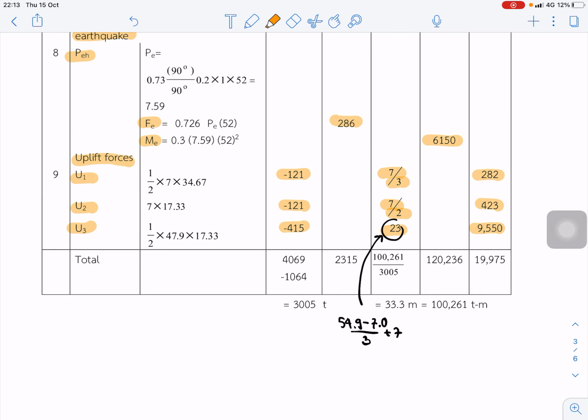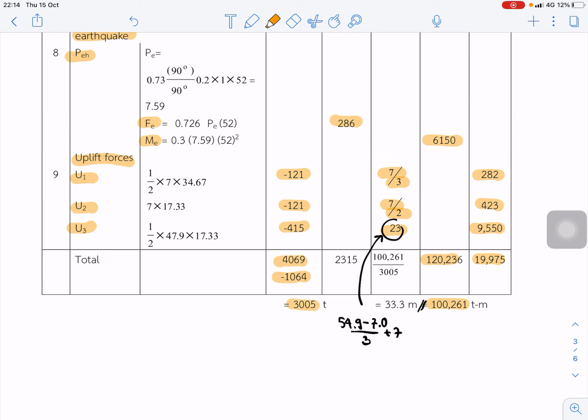The next is the summation of the negative moment and positive moment, and for the balance of the two moments we got this number, and I think this would not be equal. And for the vertical force, the positive vertical force is about 4,000 and the negative vertical force is about 1,000.